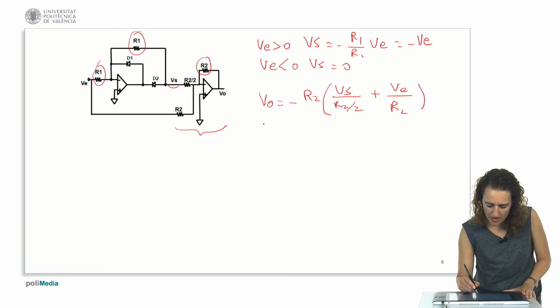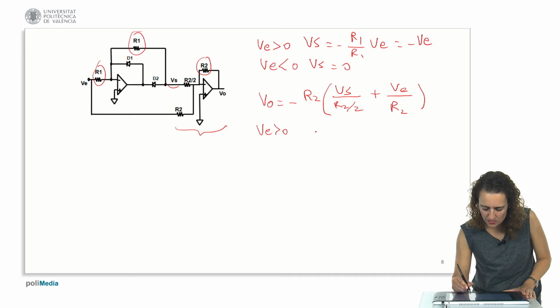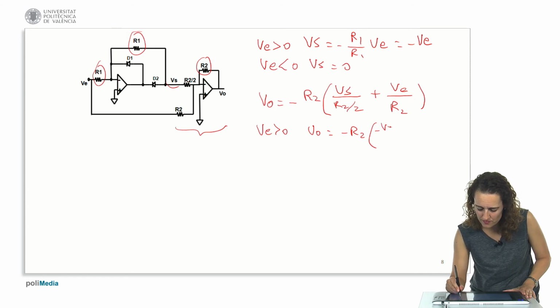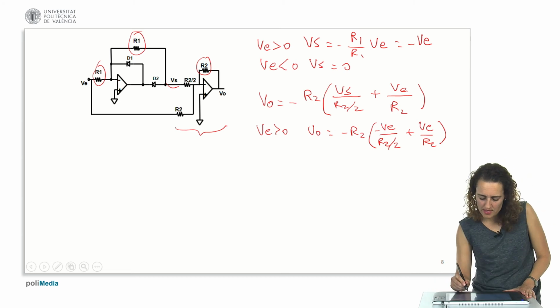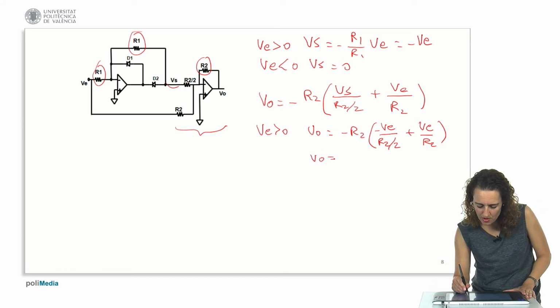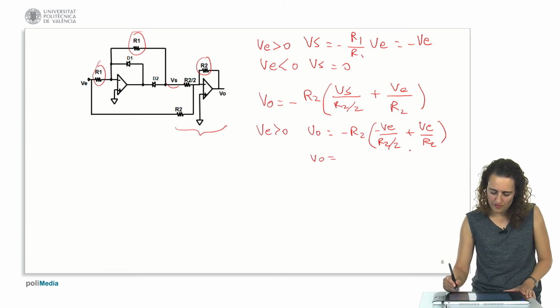What happens when VE is positive? When VE is positive, VO is going to be minus R2 times the value of Vs for VE positive, which is minus VE over R2 over 2, plus VE over R2. If we simplify this, we will obtain that VO is going to be equal to VE.